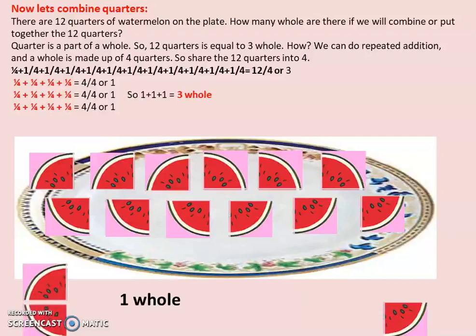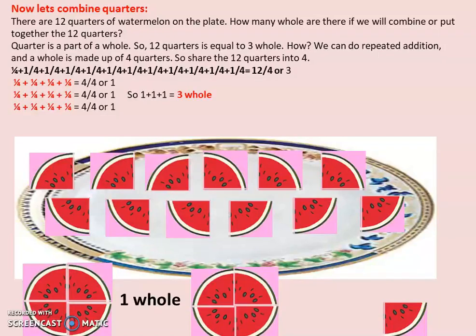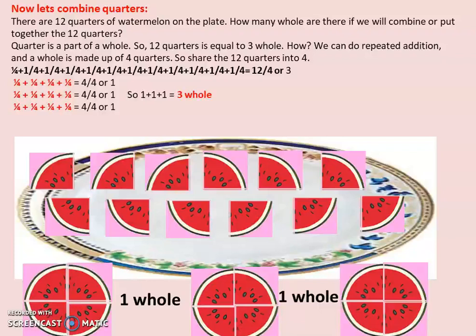So we have 1 whole already, another 1 whole, and another 1 whole. To put it all together, the 12 quarters is equal to 1 plus 1 plus 1 is equal to 3 wholes. Okay? So that is combining quarters.